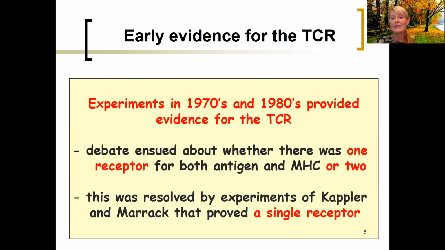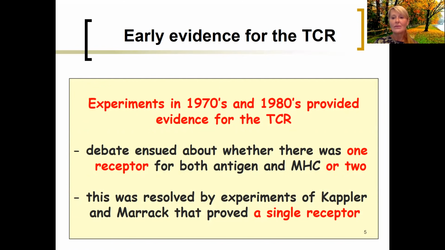And then the debate started as to whether it was one receptor on the TcR that saw both antigen and MHC, or was it two? Were there two separate receptors for this? One receptor for antigen, another receptor for MHC. And so the debate raged on, but finally, this was resolved by experimentation.